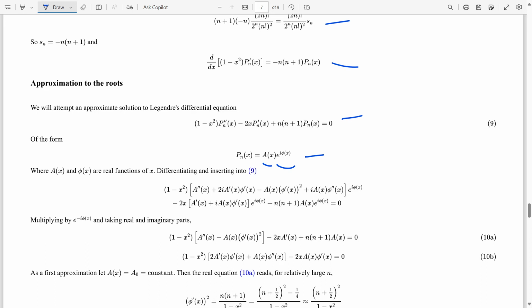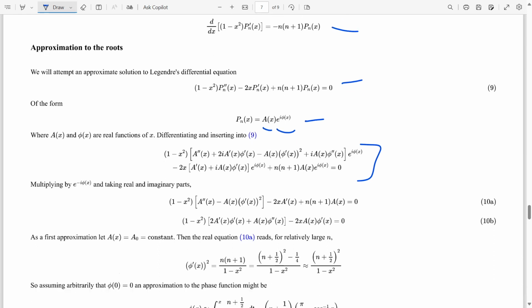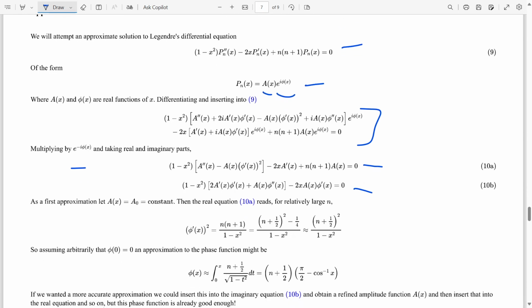Differentiating and inserting into Legendre's differential equation, we get this stuff. Then I'm going to multiply by e to the minus I phi of x and take the real and imaginary parts, which both must be 0. As a first approximation, we let a of x just be a constant.